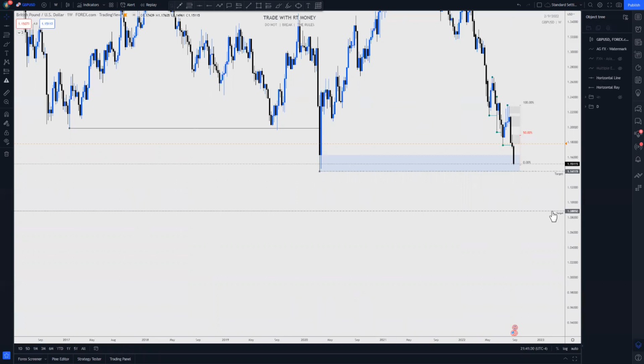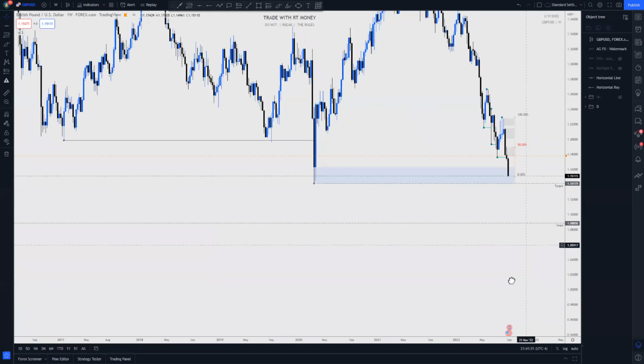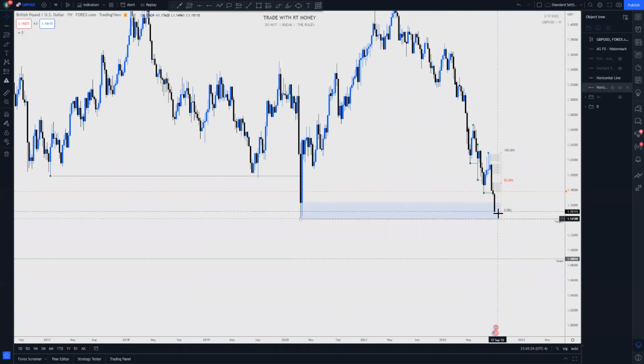This is a target. I believe price is going to continue bearishly, and we're going to end up hitting this target. The first target I have is here at 1.1411, and that'll be to take out this demand zone. We are halfway through it already.